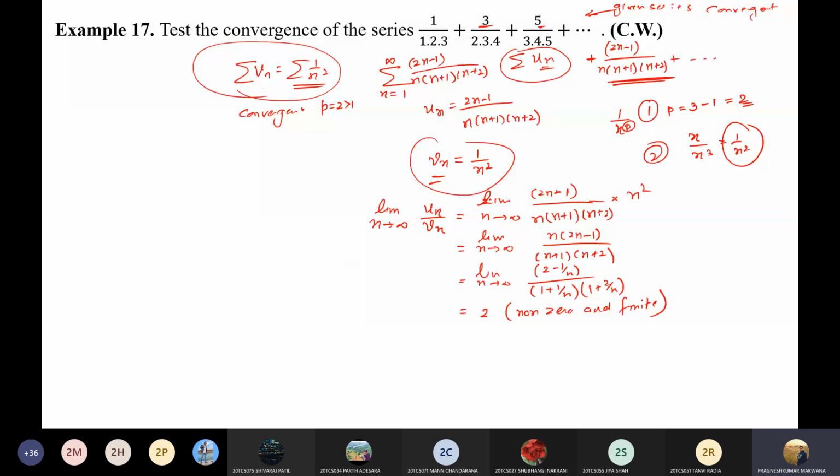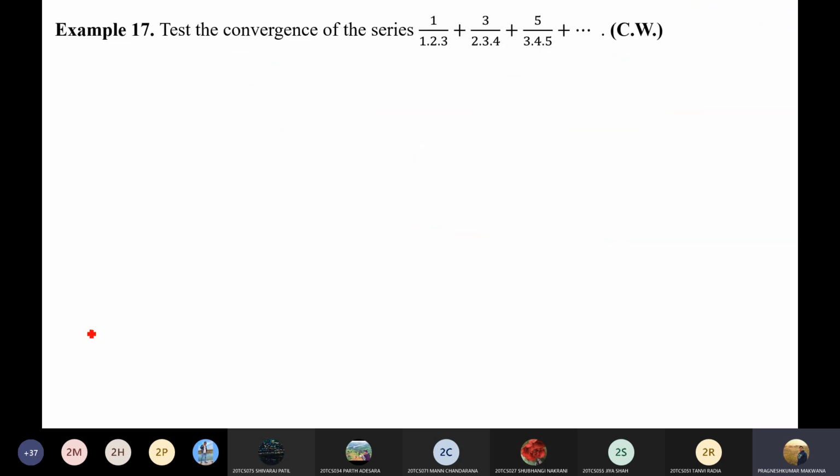So now it is clear, everyone, how you can apply this limit comparison test? Yes, sir. The important thing is to choose this Vn and find the right limit. Then by the P series test you can say that the given series is convergent. So how to write it? First write down the nth term, then choose Vn, then find the limit.